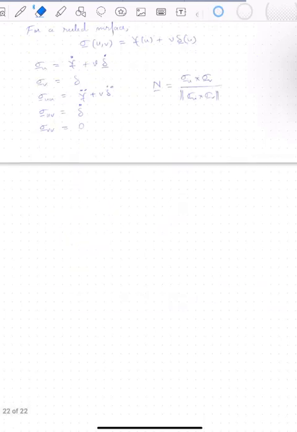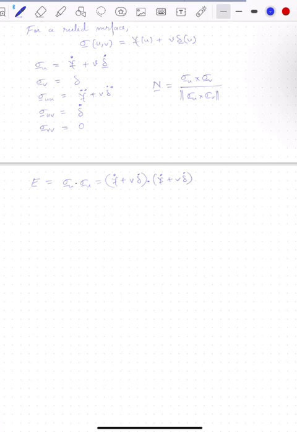Now let's determine the coefficients. So E is equal to sigma u dot sigma u, and this comes out to be gamma dot plus v delta dot into gamma dot plus v delta dot. And we don't know whether delta dot is parallel or so.